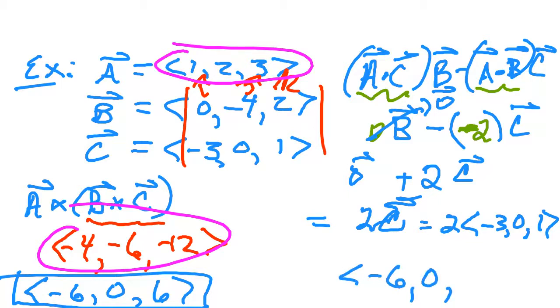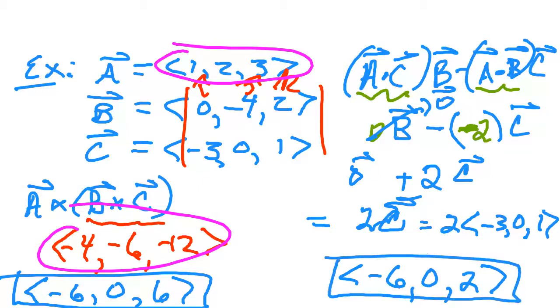I get 2, don't I? So we better check and make sure we did the left side right. That's not what I got on the right side, is it? I just want to make sure, so let's go back to the right side. Did I do b vector cross c vector correct?